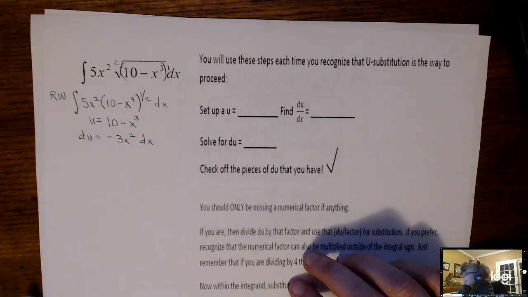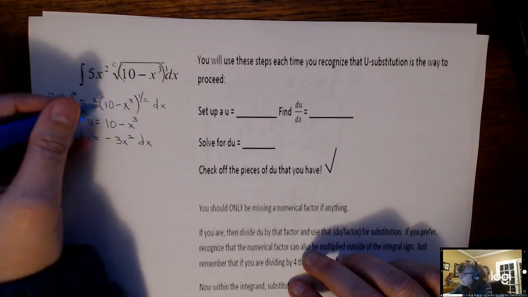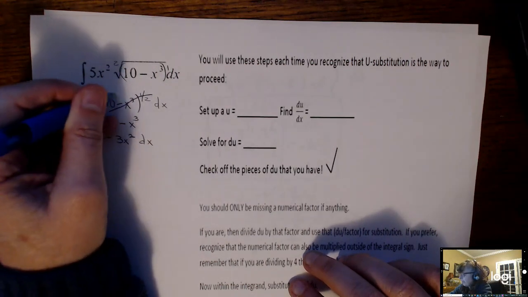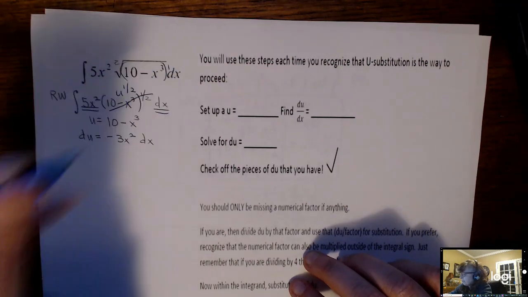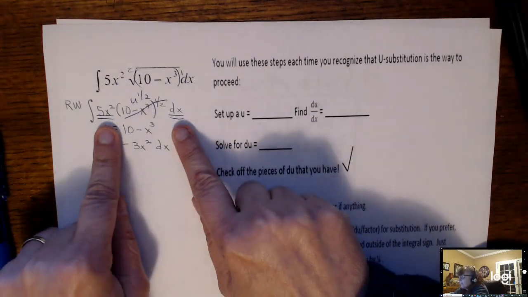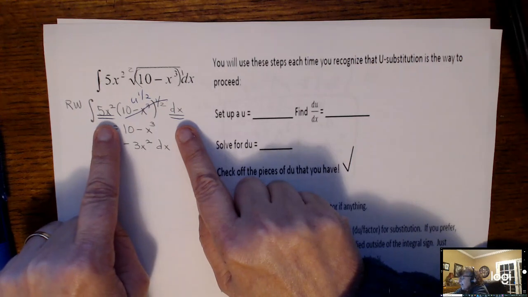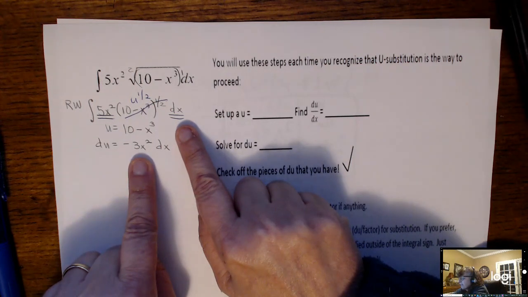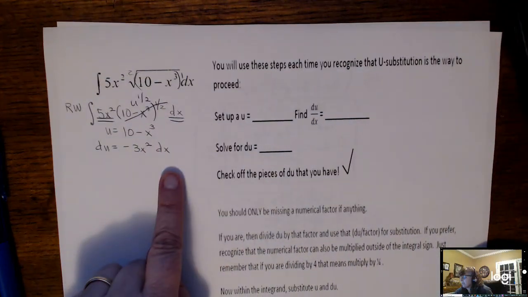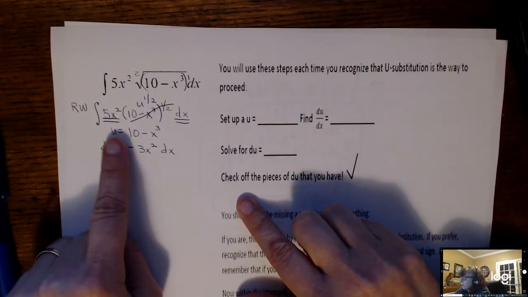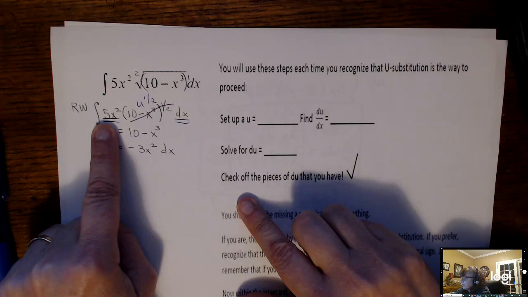You stop and you look and you replace this 10 minus x cubed to the 1/2, and you say, well, that's u to the 1/2. Now I need to replace 5x squared dx. I need a 5. I have a negative 3. See that? I still have x squared, so that's good. And there's a dx, and that's good. So how do I get negative 3 to become 5?